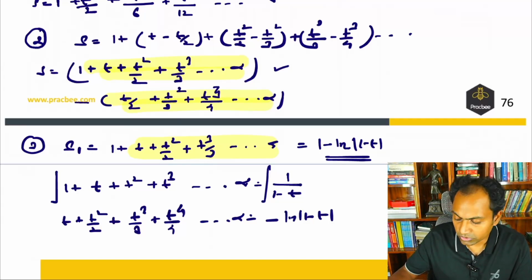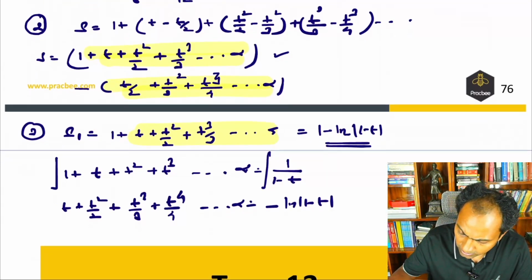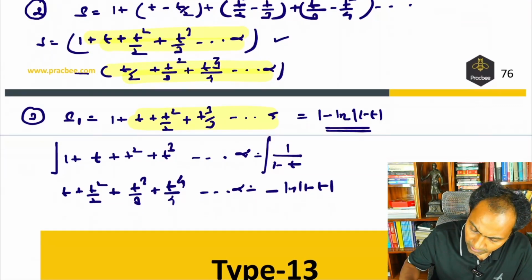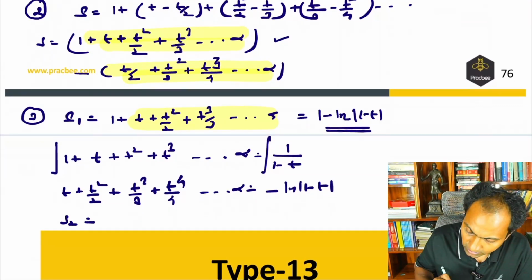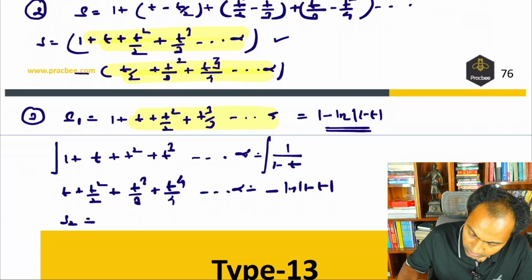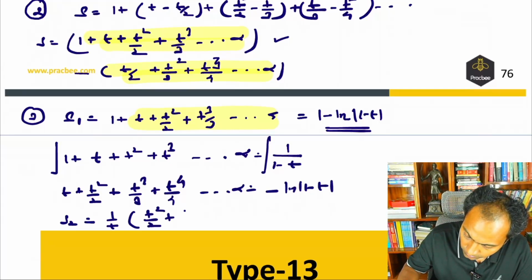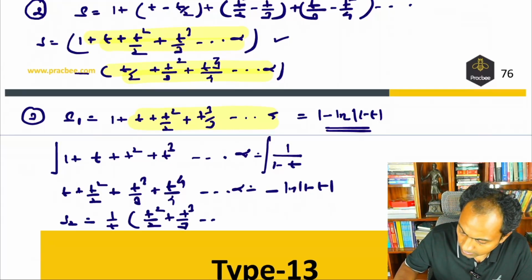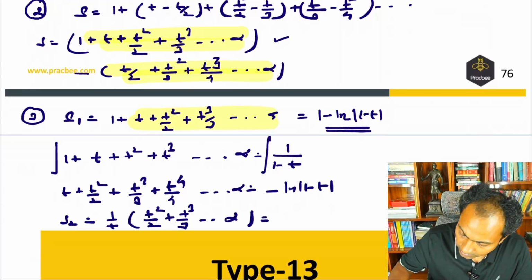Now this is very crucial and important to understand, because if I know this, then the second part, that is S2, that is given to me, can also be rewritten, because if I just multiply and divide by t, this will also become t square by 2, t cube by 3, so on till infinity, which can in turn be written as nothing but 1 by t.